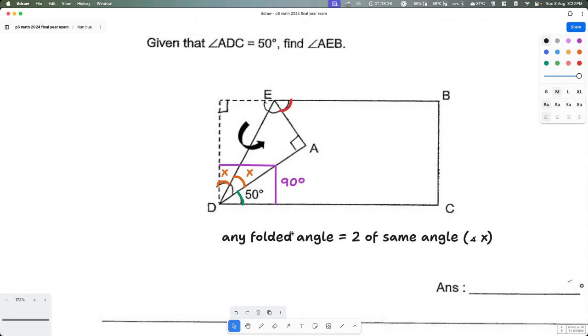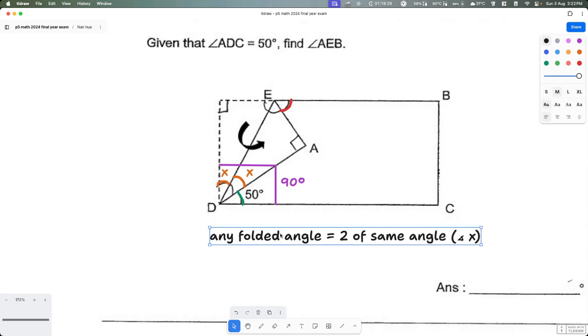Okay, so now any folded angle is a 2 of same angle, so that means 90 degrees. Okay, so in this case, angle X equal to 90 minus 50, and then we divide by 2.